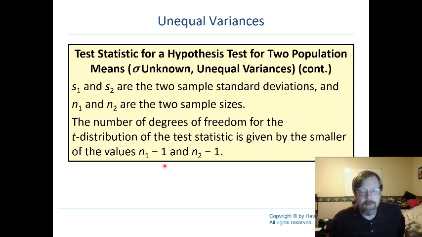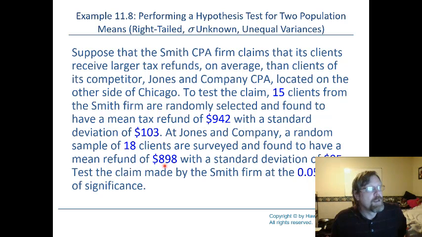Okay, so let's go through an example. We have a CPA firm that claims its clients receive larger tax refunds than its competitor. So they randomly selected 15 clients from their firm, and they found a mean tax refund of 942 with a standard deviation, and again, this is going to be the standard deviation of that sample, of 103.